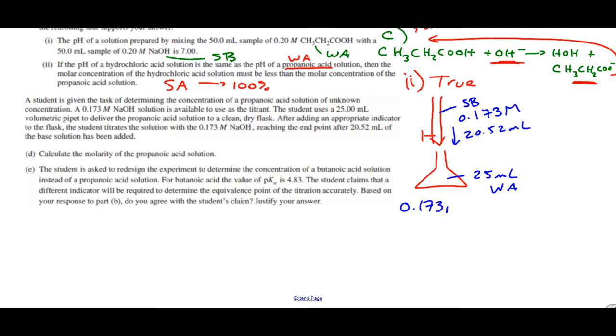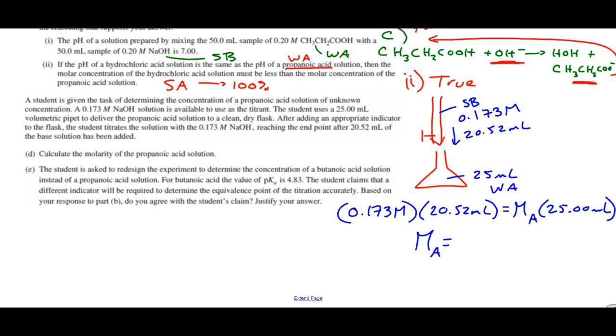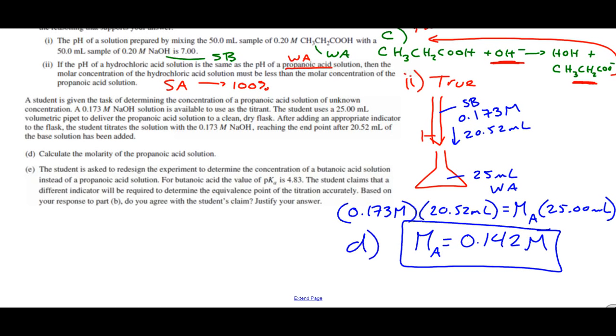So I have M1 V1 equals M2, which is going to be my acid, V2. So the molarity of my acid would be 0.142 molar. So that would be letter D.